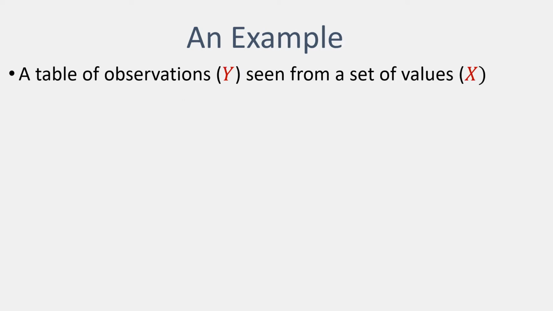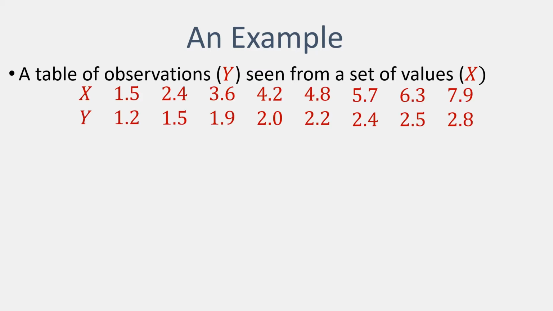So here's an example. We have a table of observations which we've seen when we used a particular set of values. The table might be something like this. Here are our data values, and here are the observations that we've seen from those data values.